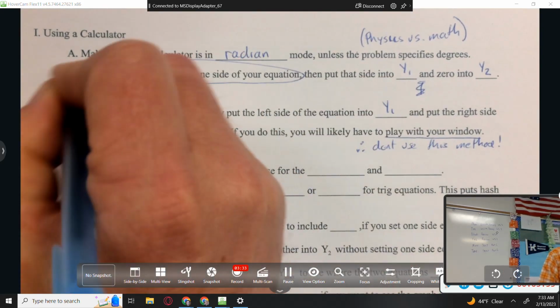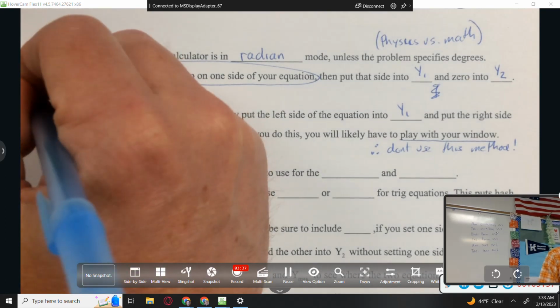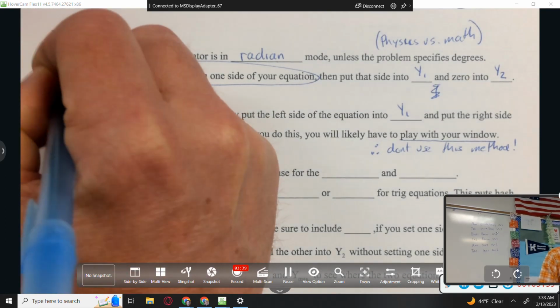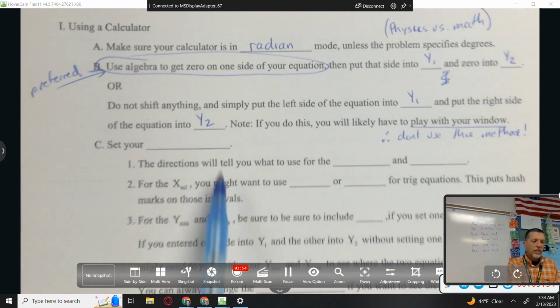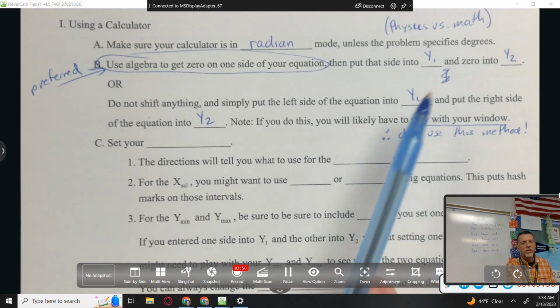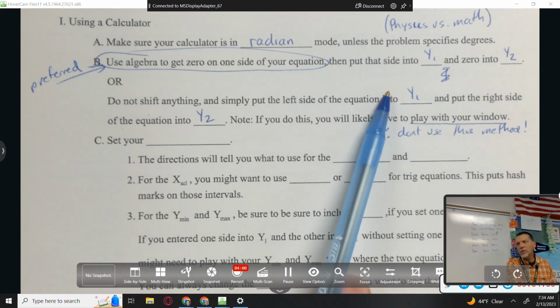Get 0 on one side of the equation. That's preferred. And the reason it's preferred is if you're trying to find where your equation is equal to 0, then you're looking for where it crosses the x-axis. You always know where the x-axis is. The second method is you're looking for where the two equations are equal to each other, so y1 and y2, but you don't know where they intersect.